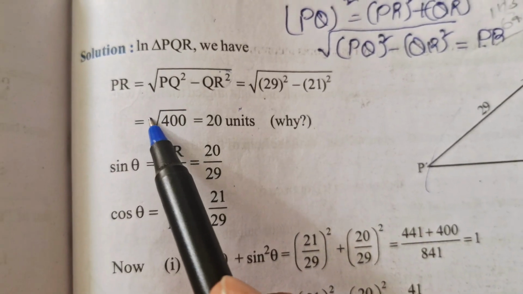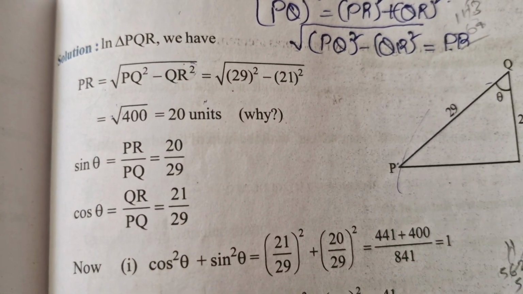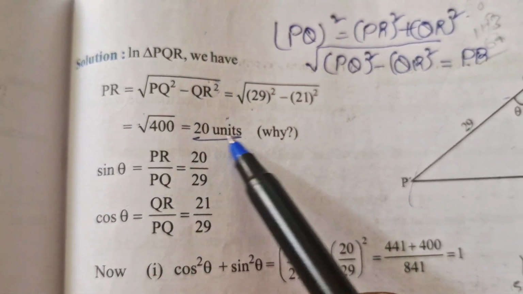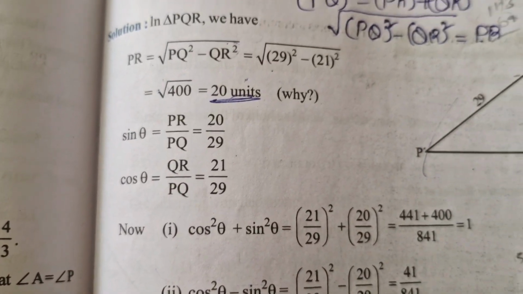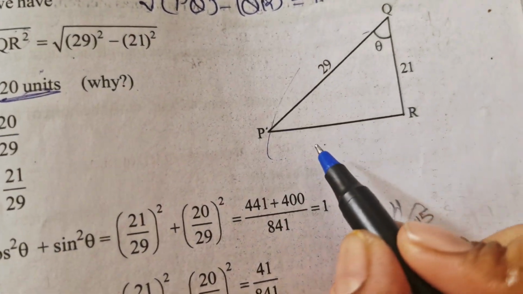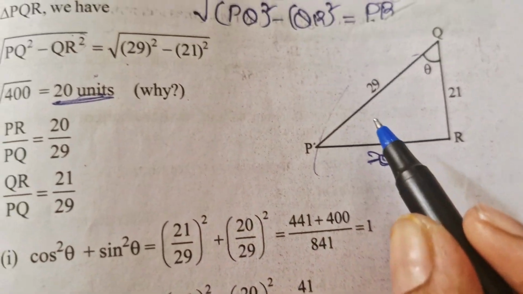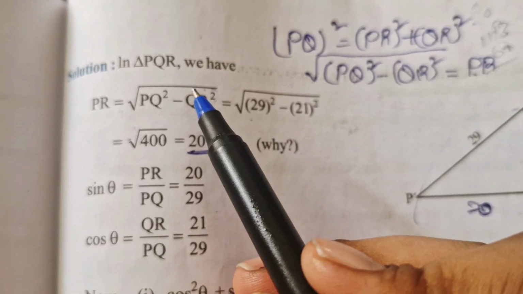So we have root over 400 here. What is the value of root over 400? It is 20 units. We got this adjacent side too. What is that? 20. This is the adjacent side. To find the adjacent side, we have used the Pythagoras theorem.